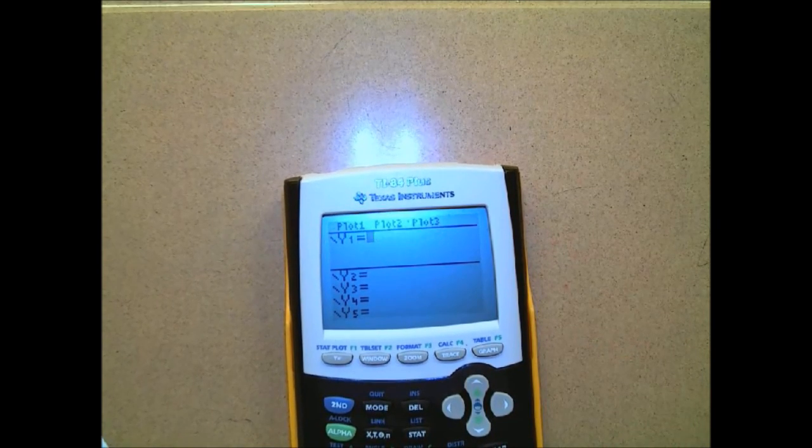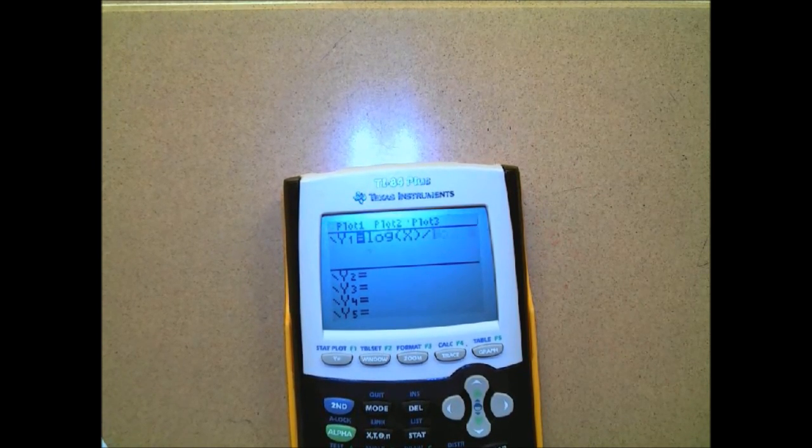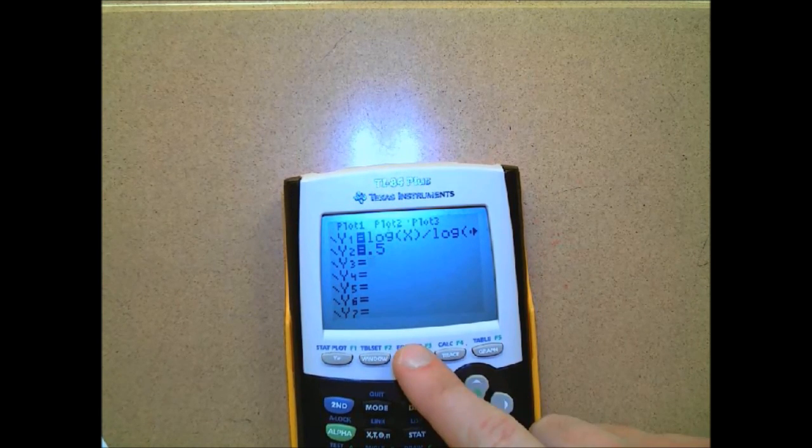If you don't have that, you have to use the change of base. So you could say log of x divided by log of 4, which is equivalent to log base 4 of x, minus log of x plus 1 divided by log of 4. Then I'll graph the 0.5 as y2.